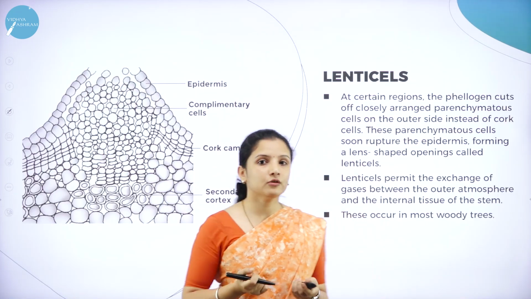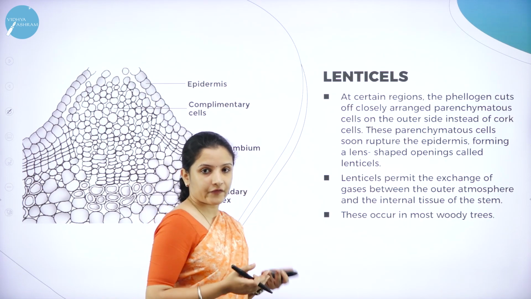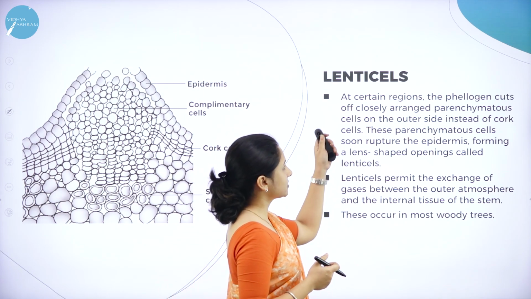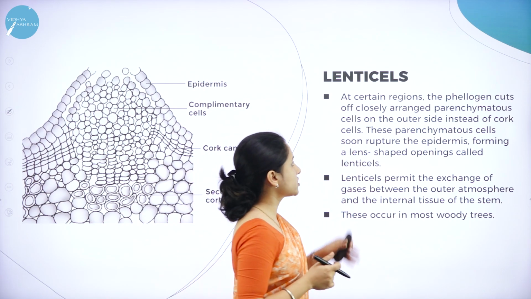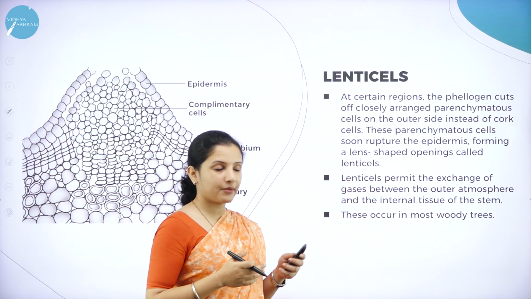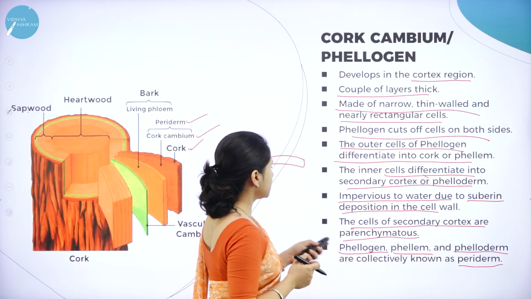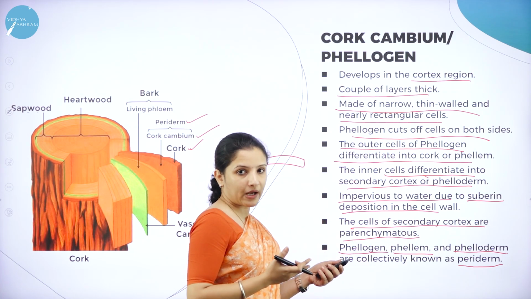So next, moving on to the lenticels. At certain regions of the phellogen, so what is a phellogen? It is nothing but the cork cambium. At certain regions on the stem, wherever the phellogen is present, I told you there are parenchymatous cells. If you remember, I had told you that the cells of the secondary cortex are nothing but parenchymatous.